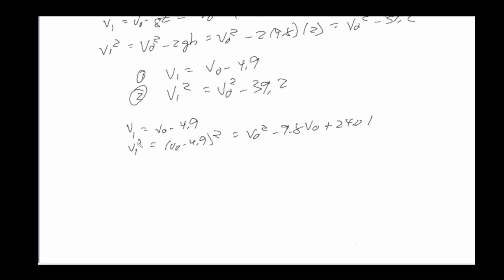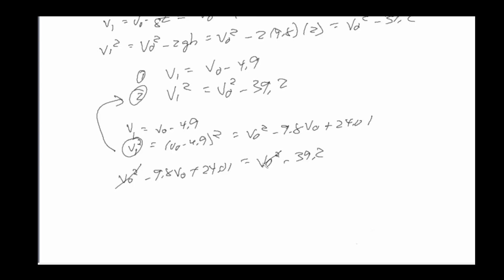Substituting this for v1 squared into equation 2, we get v0 squared minus 9.8 v0 plus 24.01 equals v0 squared minus 39.2.